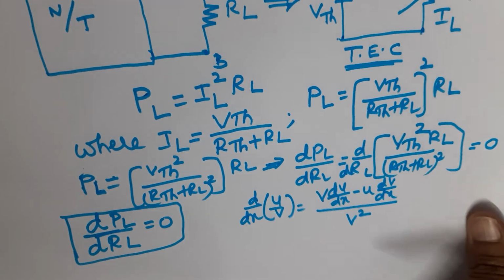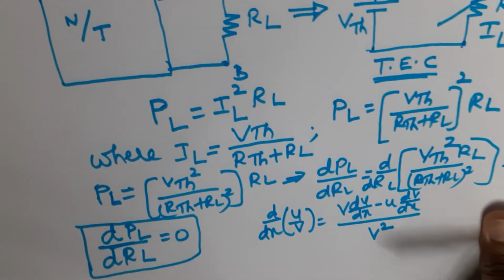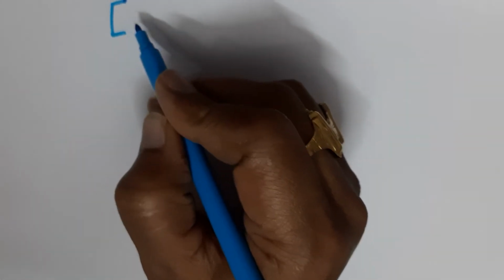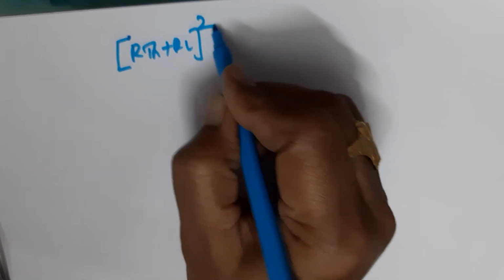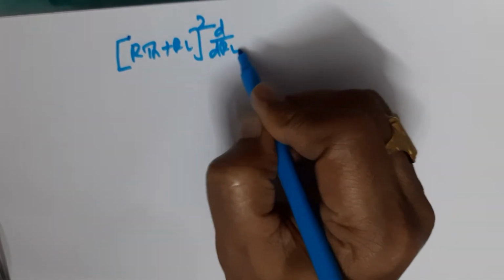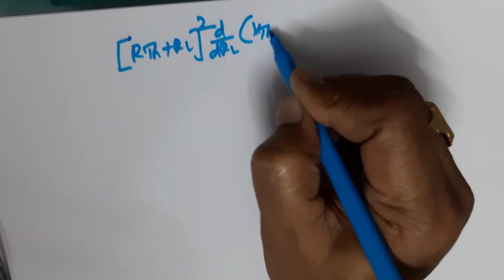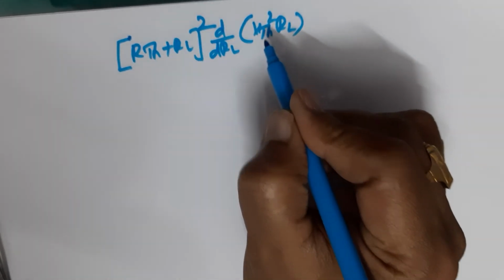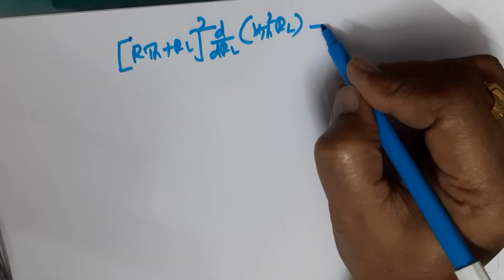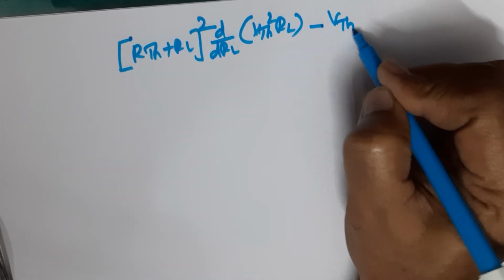So that can be shown by taking the value. Your denominator is RTH plus RL square, d by dRL of VTH square RL, that is V du by dx minus u. What is u in our formula?